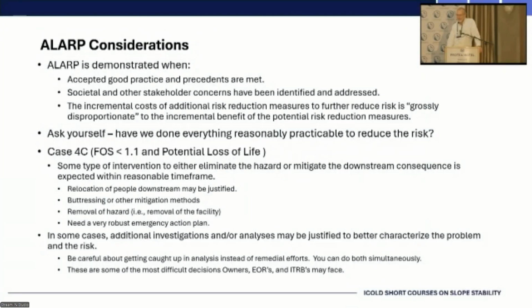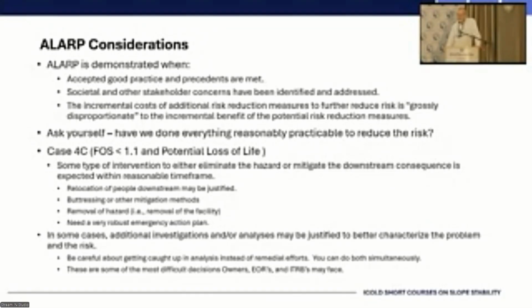But you can also just look at ALARP in a fairly simplistic, deterministic way. Certainly a lot of people do quantitative risk assessments and try to assess probabilities, and that's fine, but you can also assess ALARP by just asking, have we done everything reasonably practicable to reduce this risk to as low as reasonably practicable, whatever that means.